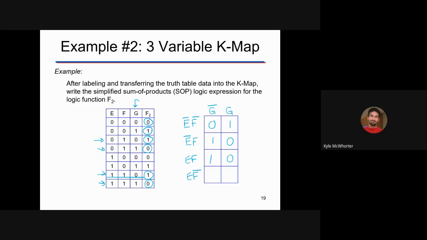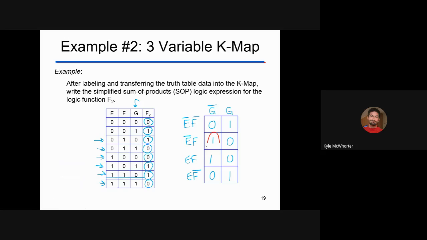E, not F, not G, that's 1, 0, 0, which is right here. So that one has an output of 0. And then the last box would be a 1, 0, 1, which is right there, and that is a 1.